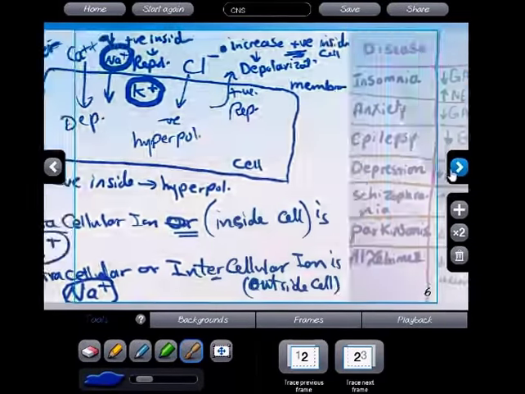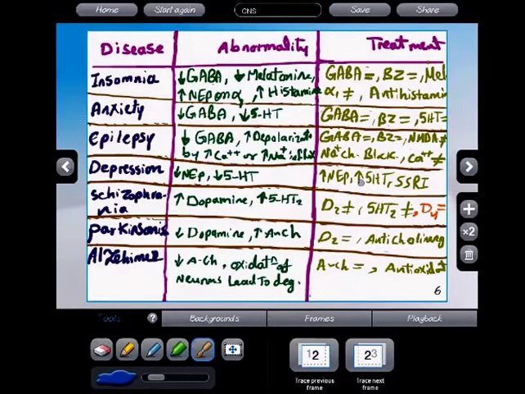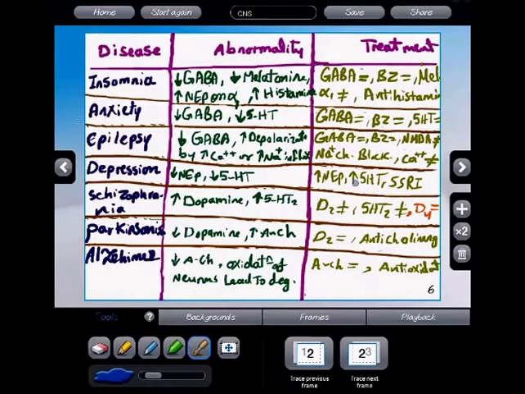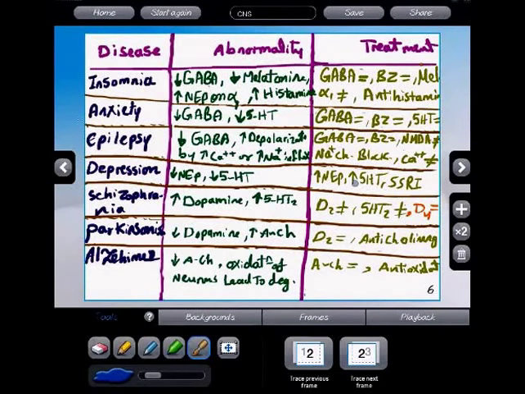Let's say about the diseases in the central nervous system. These diseases, I can classify them mainly into 7 diseases: insomnia, anxiety, epilepsy, depression, schizophrenia, Parkinsonism, Alzheimer.